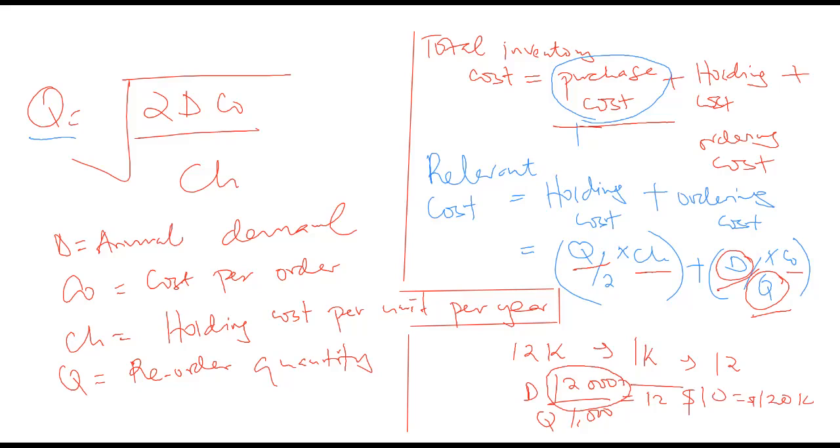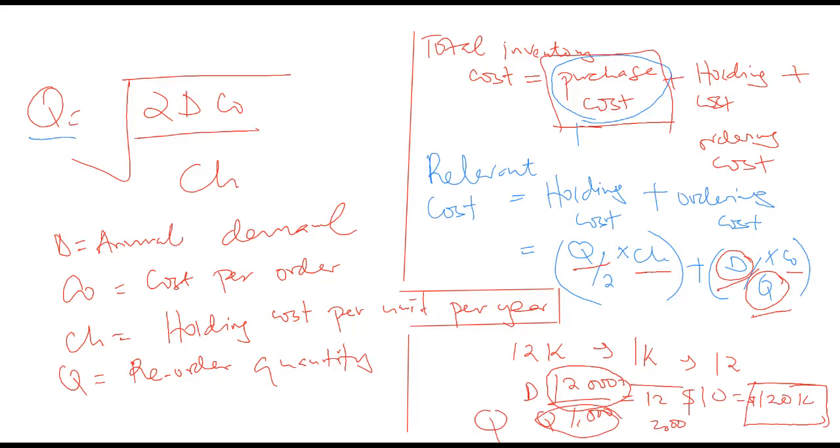So whether you order 1,000 or 2,000, it does not matter. The total annual purchase cost remains at $120,000. It is not influenced by the Q, the size of the order. That's why it is irrelevant.